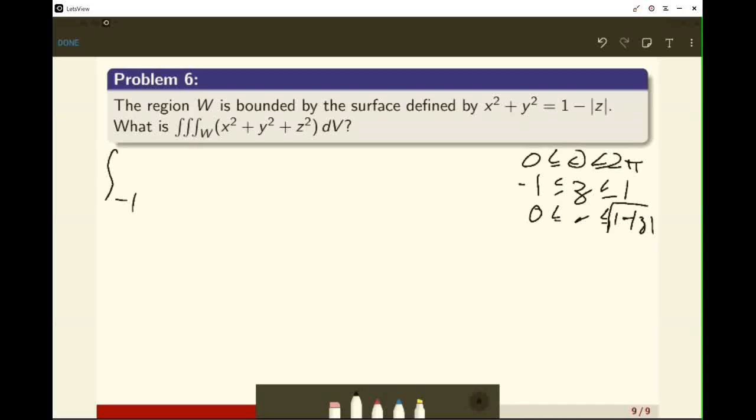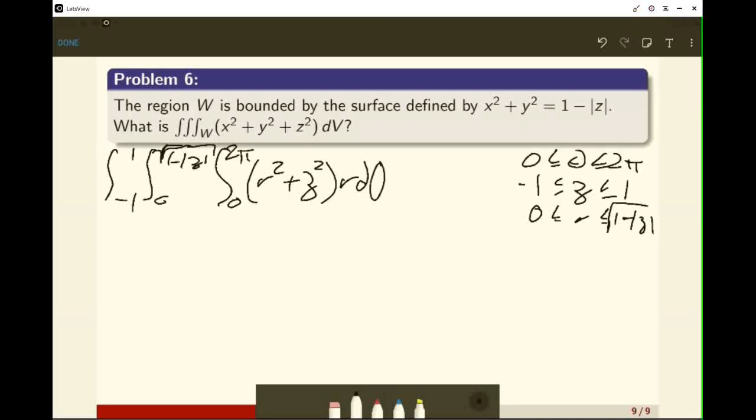So we've got z ranging from -1 to 1, r ranging from 0 to the square root of 1 minus the absolute value of z, and theta from 0 to 2 pi. Our function is r squared plus z squared, times r d theta dr dz.